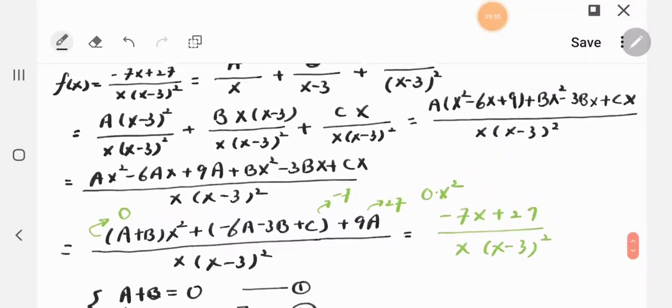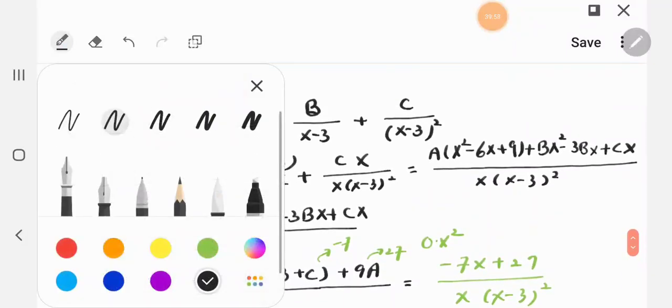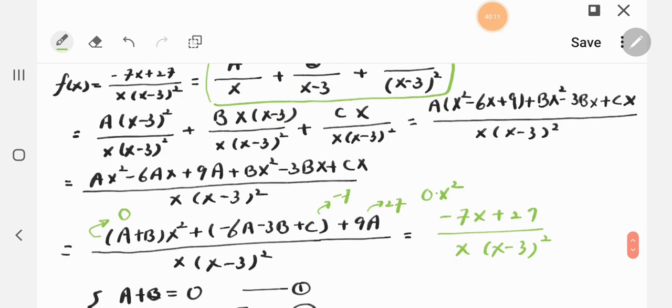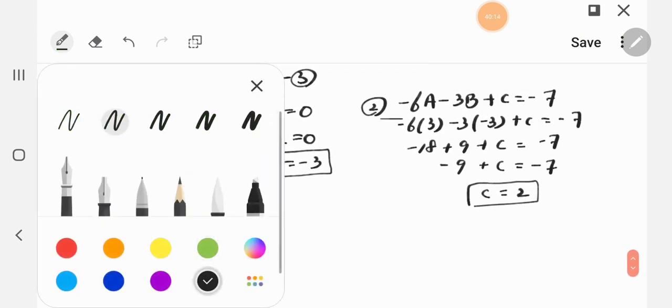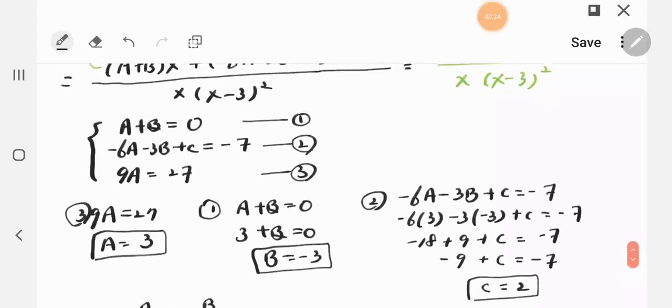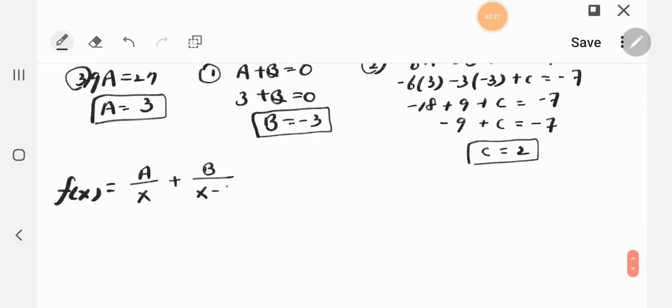So let's go back to the original. Let me write f of x with a, b, c. Here, f of x is equal to a over x plus b over x minus 3 plus c over x minus 3 squared.